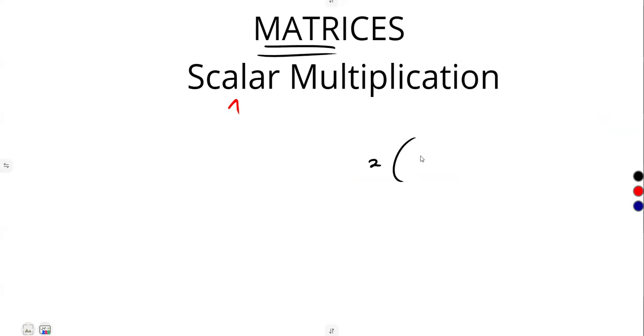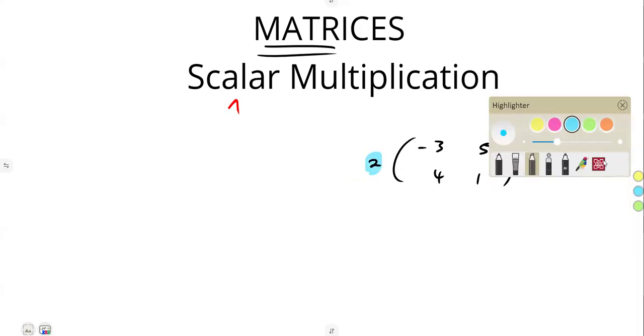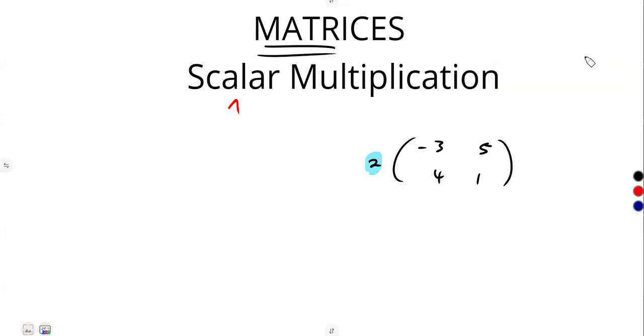When given a matrix, the number that is outside of the matrix is referred to as a scalar.